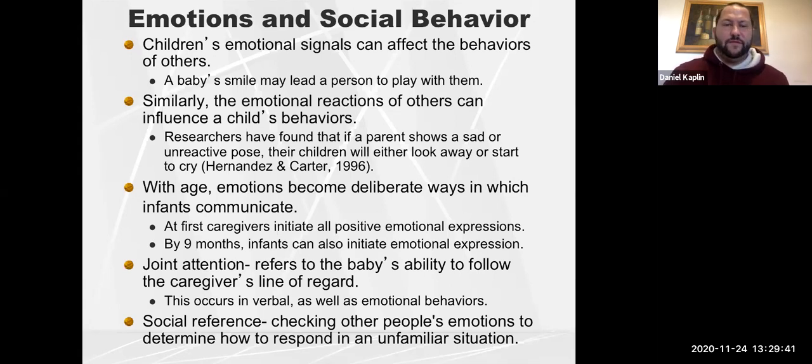Whereas an infant who cries, it's going to elicit you checking for pain or hunger or thirst or whether they're soiled. But either way, that child's smile or that child's cry is going to draw behavior out of people.